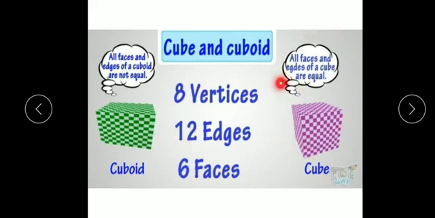All the faces and edges of a cube are equal, but all the faces and edges of a cuboid are not equal. Each face of a cuboid represents a rectangle and each face of a cube represents a square. This is your basic difference between a cube and a cuboid. I hope you understand this.